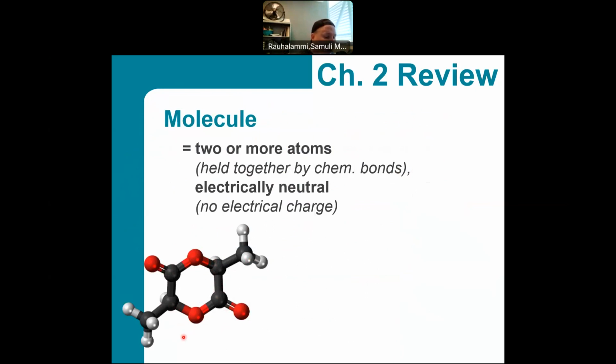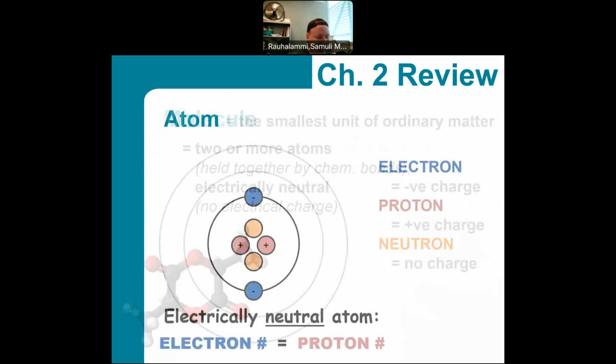Typically, the overall electrical charge of a molecule ends up being neutral. There might be charge differences between different parts that make up the molecule, but overall molecules typically end up being neutral. Let's look at these forming bonds and atoms coming together a little bit more as a concept.